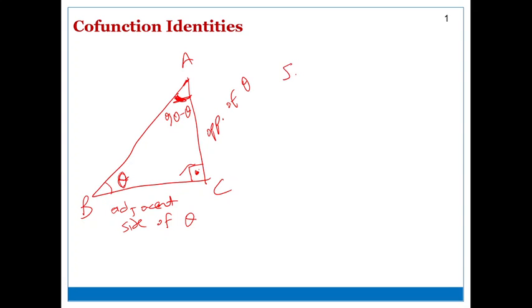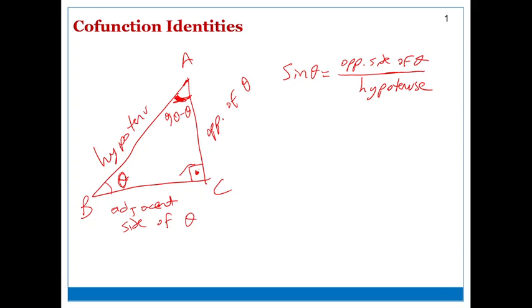Now let's write sine theta by using the formula. What's the formula? The opposite side of theta divided by the hypotenuse. The hypotenuse is here. Now you see here, the opposite of theta is AC, and it's divided by the hypotenuse, which is AB.